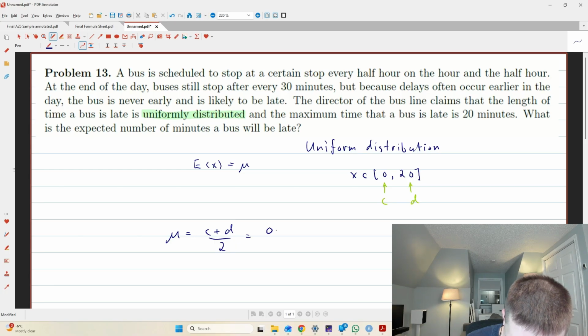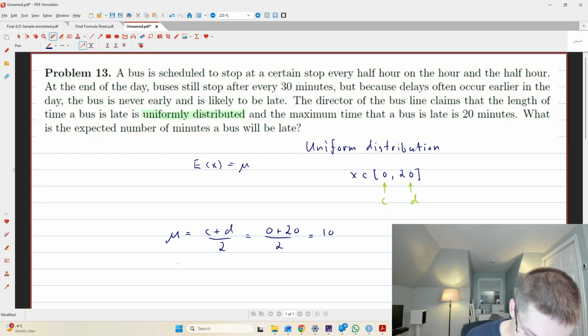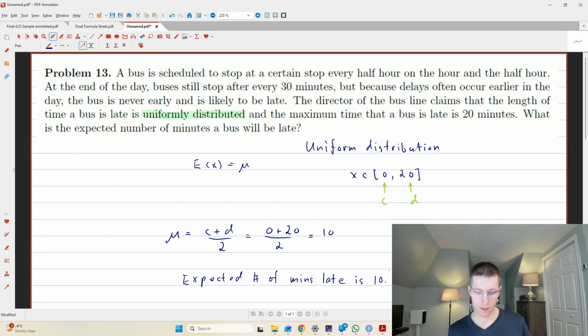In this case, it's going to be 0 plus 20 over 2. So that means that the expected number of minutes that the bus will be late is 10. Okay, so that is problem 13.